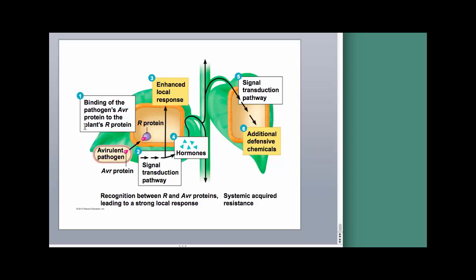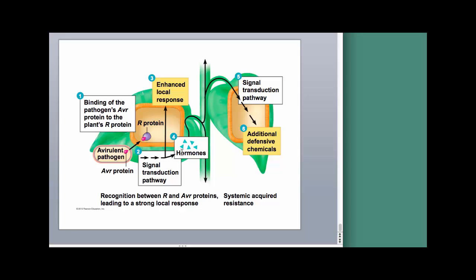That pathogen produces a protein as it's living off of the plant. That protein actually signals within the plant that it's infected. So the plant knows it has an infection. That particular leaf, it's gone. It's done for.